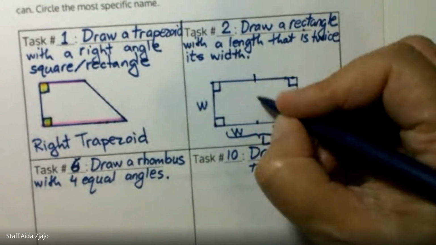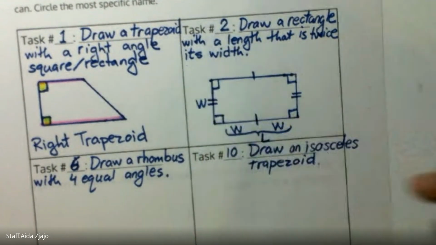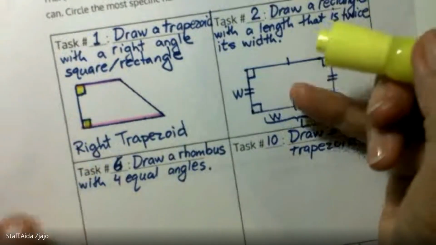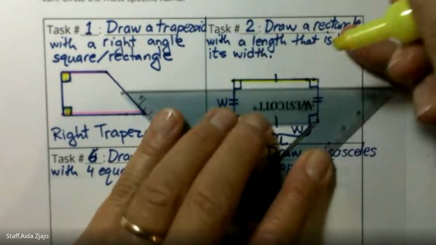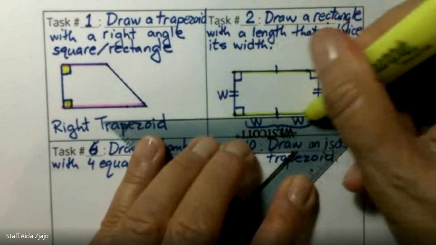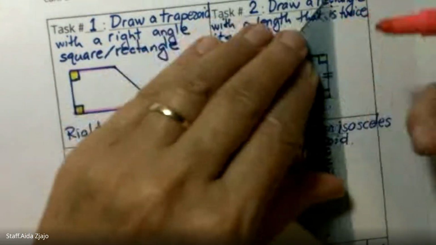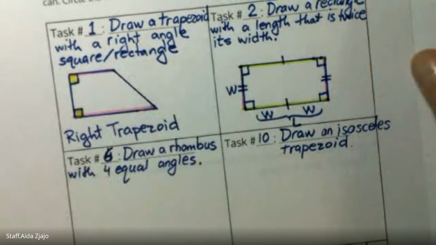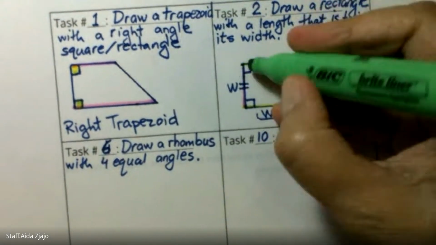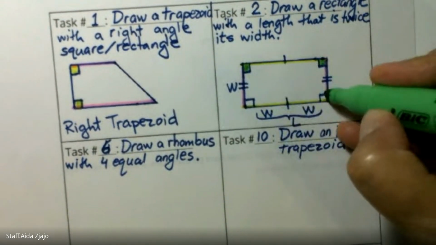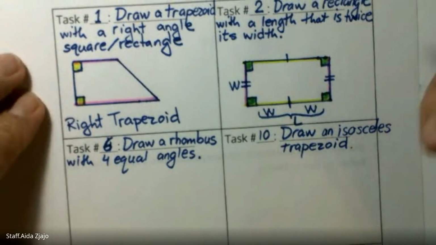So this one and this one are congruent, and this one and this one are also congruent. They also have two pairs of parallel sides. This one and that one are a pair, and this is also a pair of parallel sides. And they have 4 right angles: 1, 2, 3. Okay, so this is a rectangle.